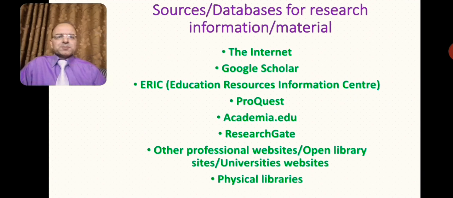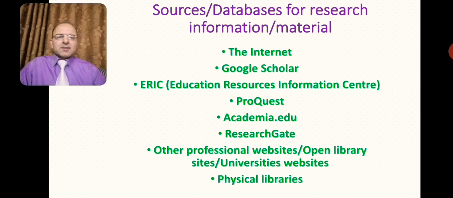ResearchGate is another such website where university academics can upload their research papers, and so students can have access to that. There are other professional websites, there are open library sites, and of course many students have the websites of their own universities, especially in the most developed, established universities.